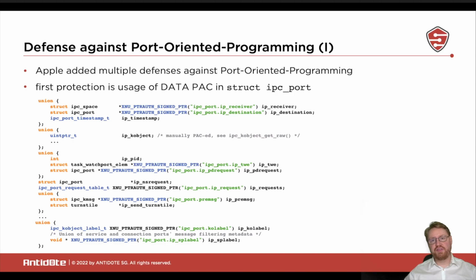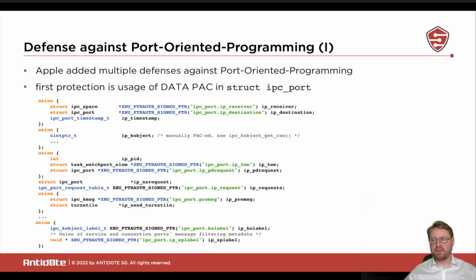So what defenses are there? What defenses did Apple implement to fight this? The first defense we already saw in the Mach Ports chapter, because Apple started to go into the port structure and protect all the pointers, or let's say all the important pointers, with data PAC.